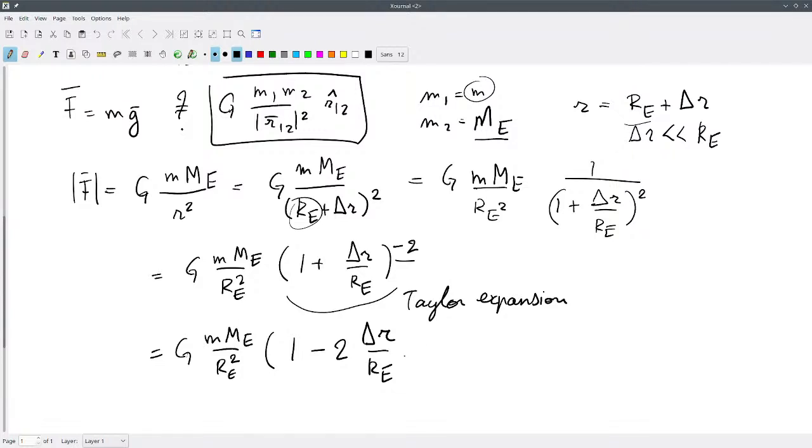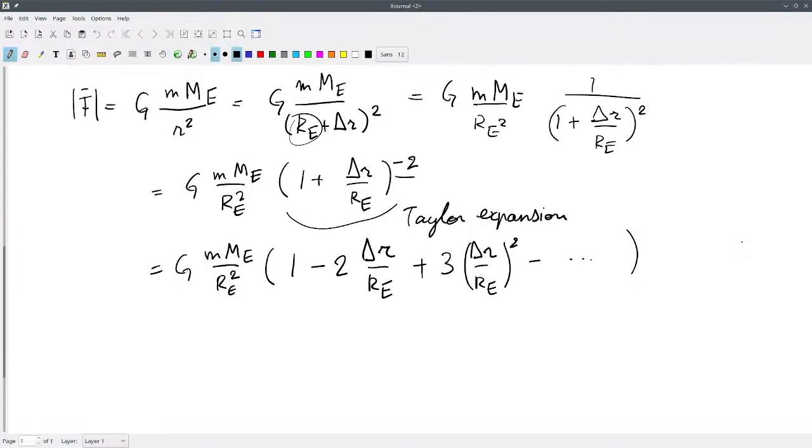I can write my second order term, which is 1/2 times this exponent times the exponent minus 1. So that's going to be a plus sign, and the term ends up being a factor 3 delta r over R_E squared, and then the next term is going to be a minus sign, and so on and so on.